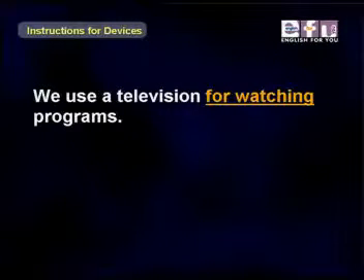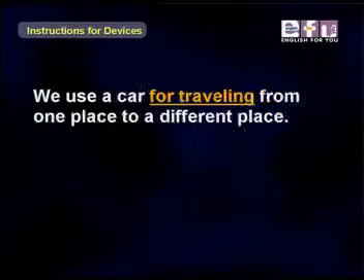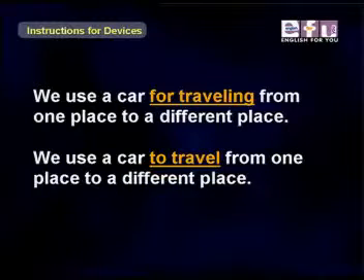We use a television for watching programs. We use a television to watch programs. Have the same meaning. We use a car for traveling from one place to a different place. We use a car to travel from one place to a different place. These sentences have the same meaning.